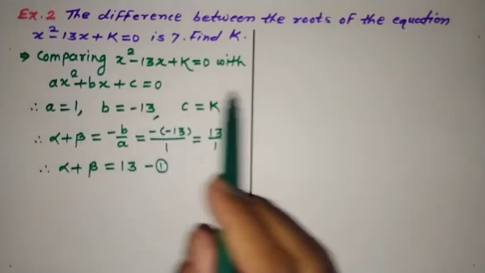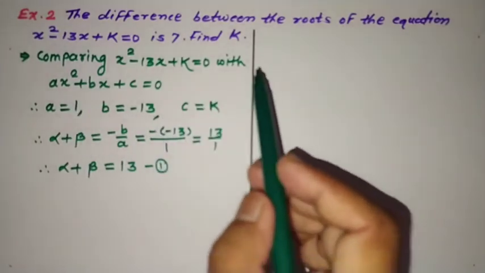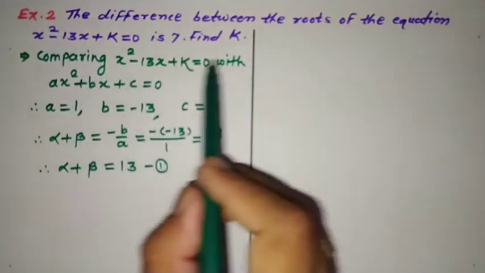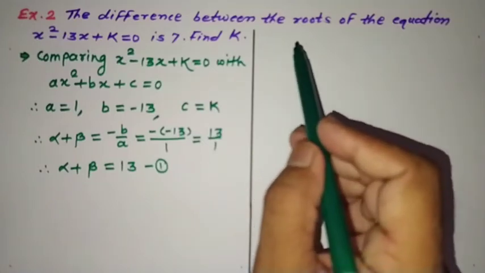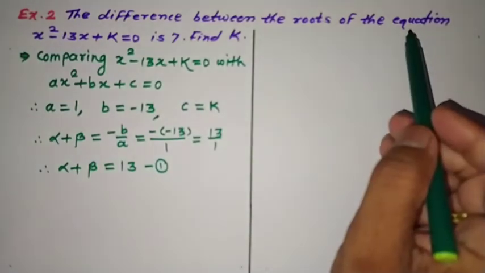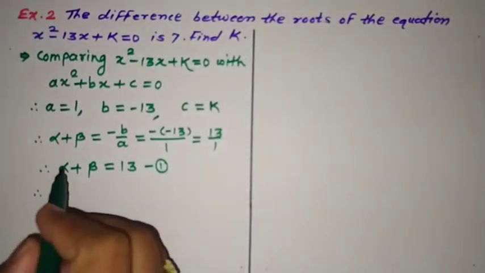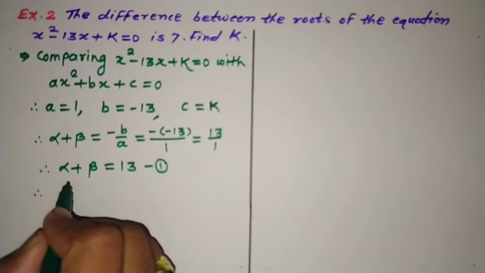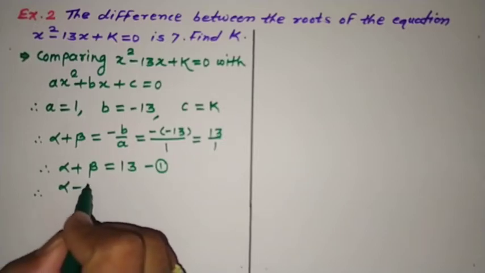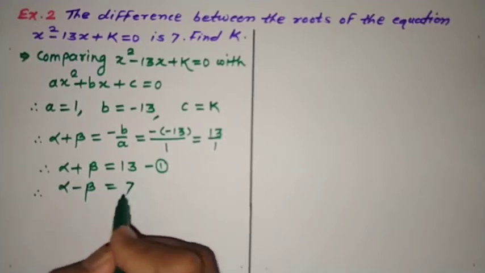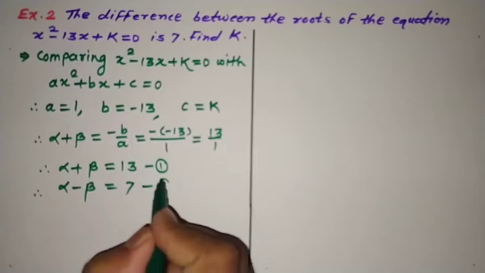In this, the condition of the equation is that the difference between the roots is 7. Given condition: the difference between two roots is equal to 7. This is the second equation.